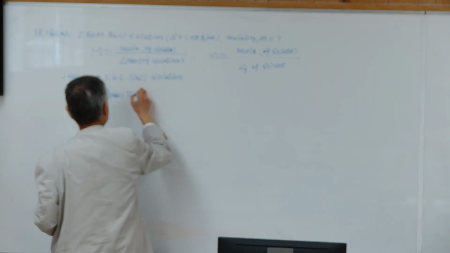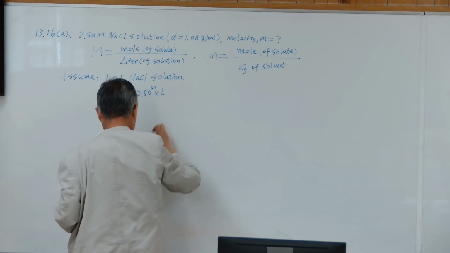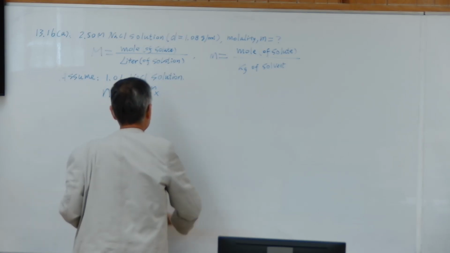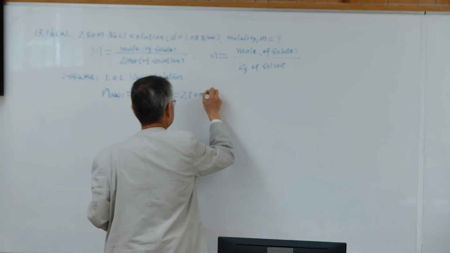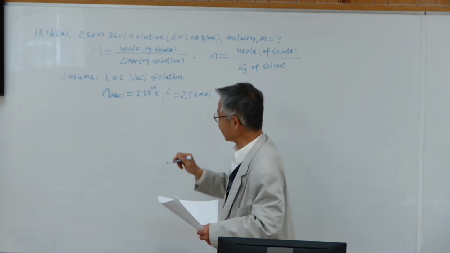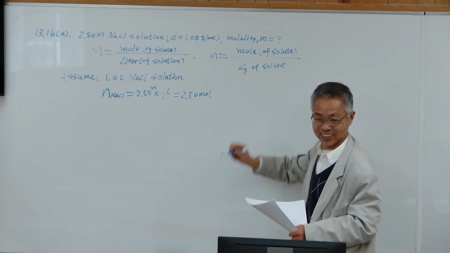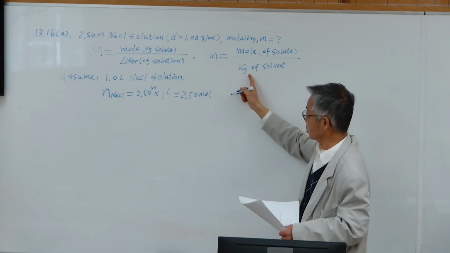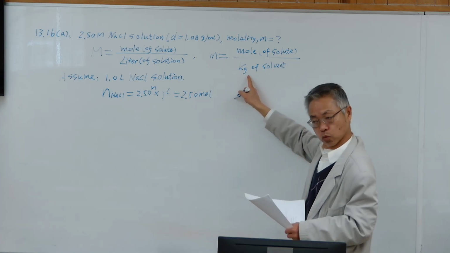Moles of NaCl will be 2.5 molarity times 1 liter, which is 2.5 moles, right? Then this 2.5 moles is the solute. The question becomes, in this 1 liter of solution, how many kilograms of water are there?